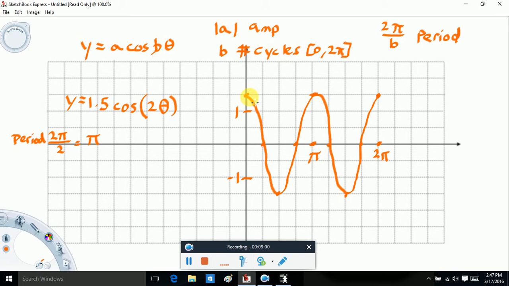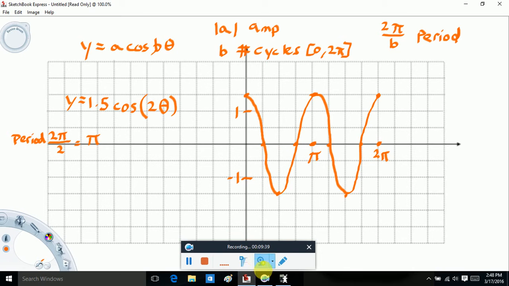As you can see, there are 2 cycles, right? There's one right here, and then another one right here. So there's 2 cycles, which is the b value in the interval 0 to 2 pi. Okay, so that concludes our lecture on cosine.